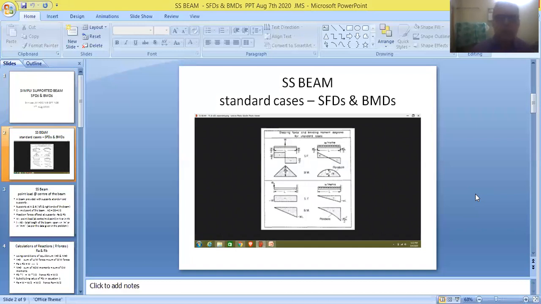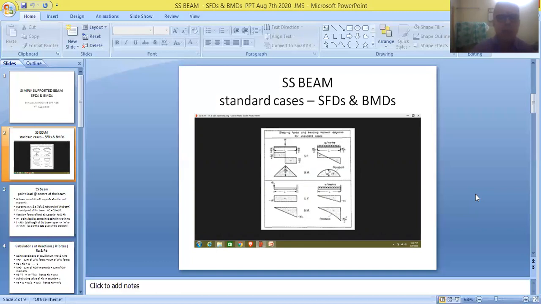So friends, we can see the arrangement of a simply supported beam in these two figures. We can see the supports. Generally these beams are provided with end supports.